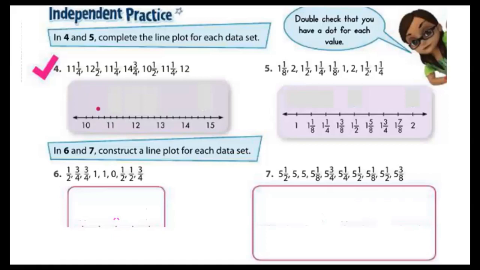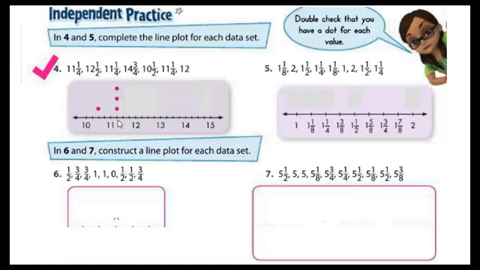So I'm going to draw just 1 bolded dot over 10 and a half. Now let's move to a larger value, which is 11 and a quarter. I think it's repeated more than 1 time. Let's count them: 1, 2, 3.